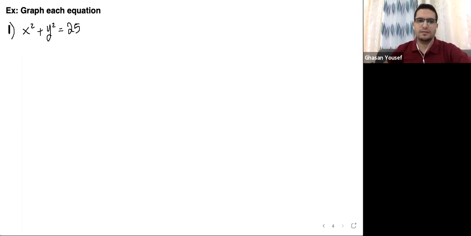How can we graph? First of all, this is a circle equation. Why? Because we have the variables x squared and y squared. Aziza said, and Matthew also said, the center is 0, 0. Is the center 0, 0 in this equation? Who else said the center is 0, 0?